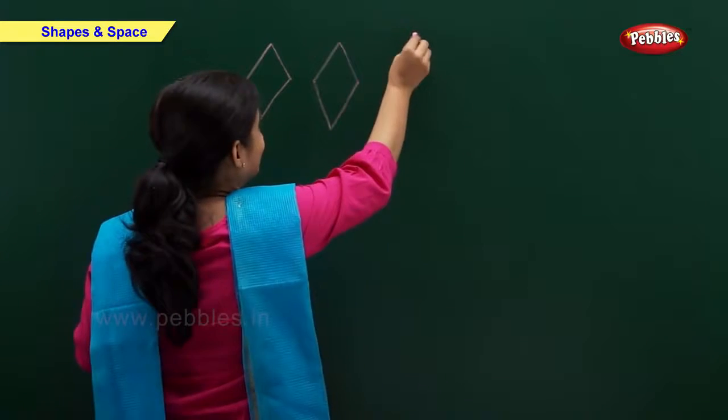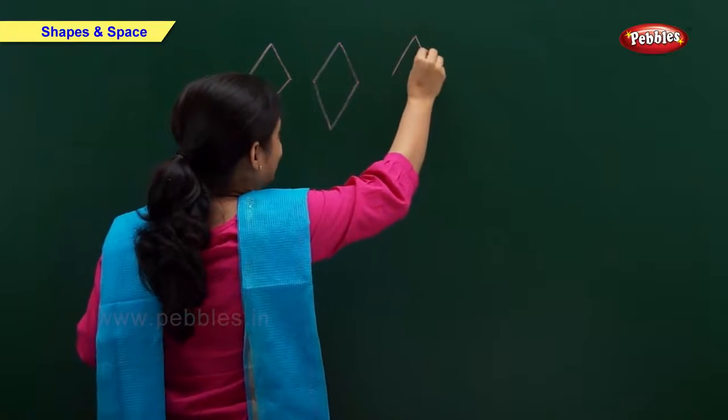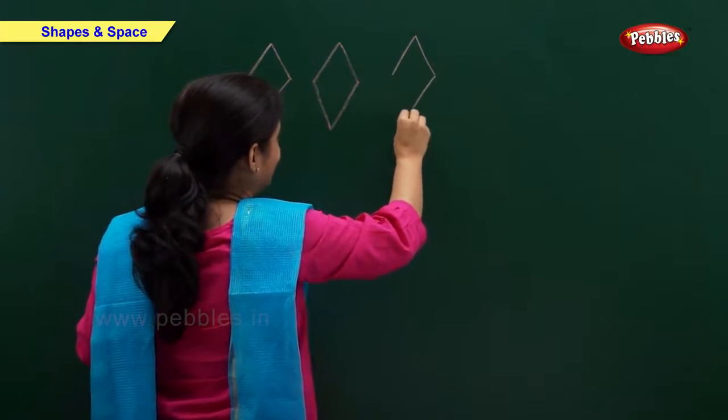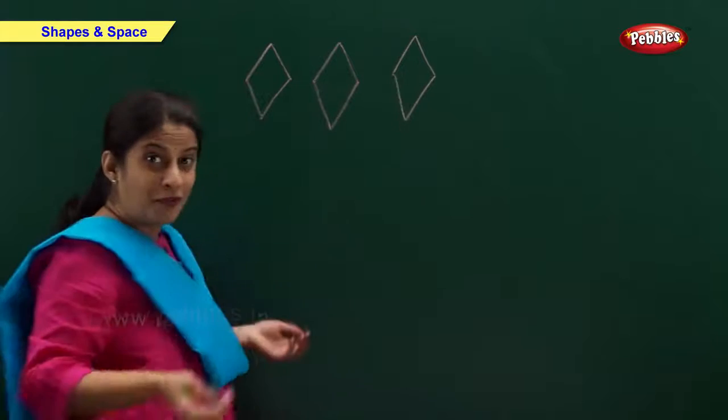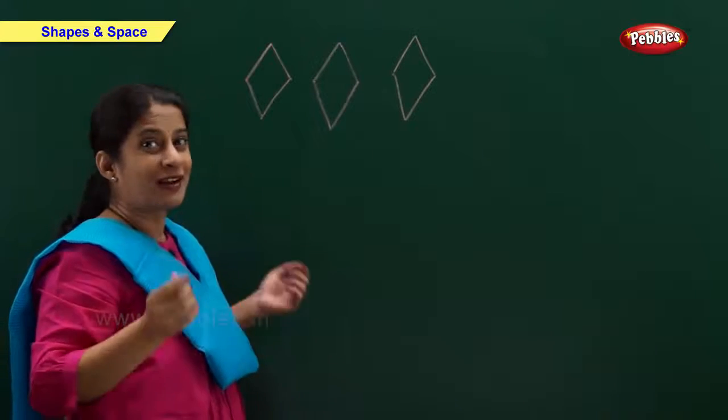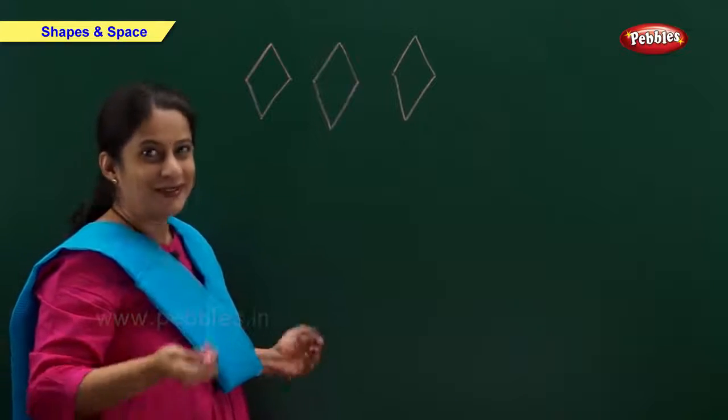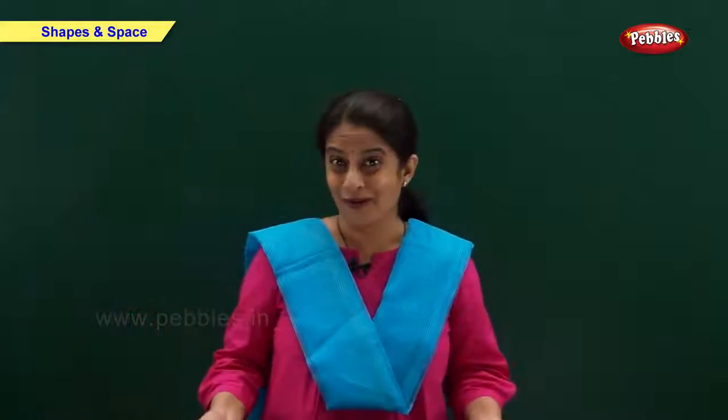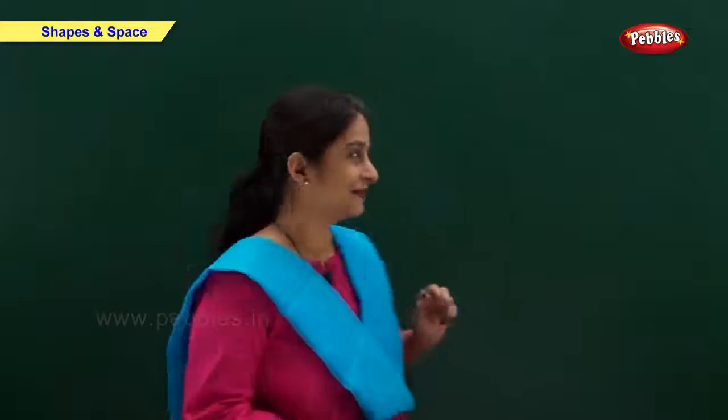Diamond. You know friends, the shape of a kite is like a diamond. Now let's draw a star.